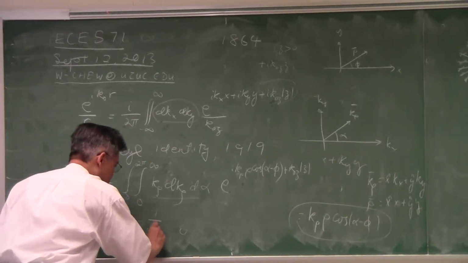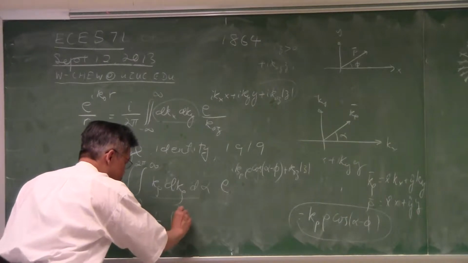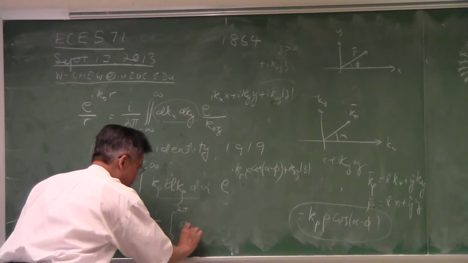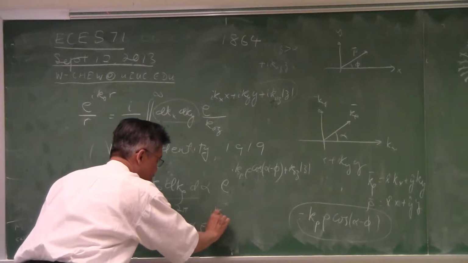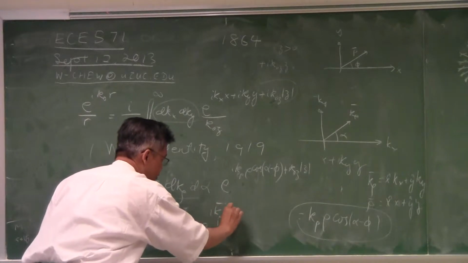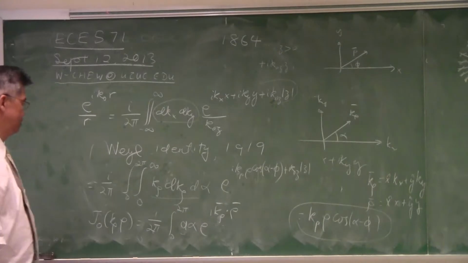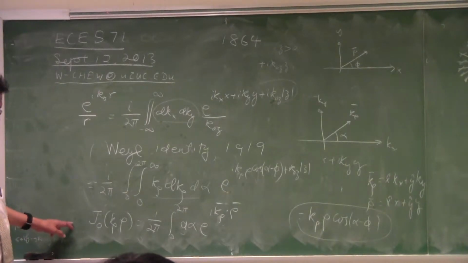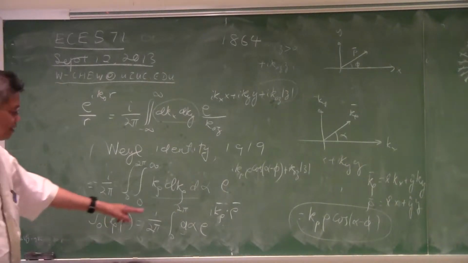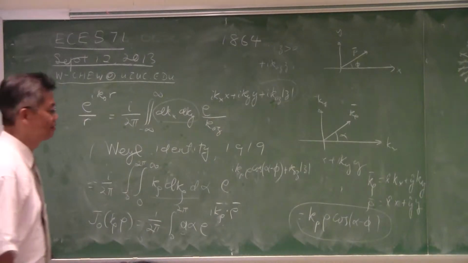is 1 over 2 pi, integral from 0 to 2 pi, d alpha e to the i k rho dot rho. We just learned the other day, 2 lectures ago maybe, that this is true. And that thing expands to that, and that's just a Bessel function.